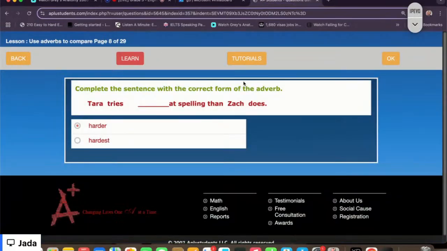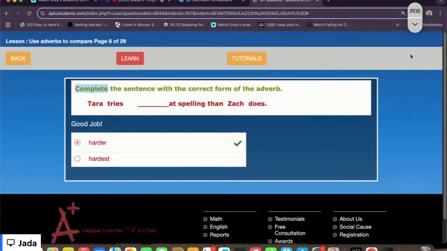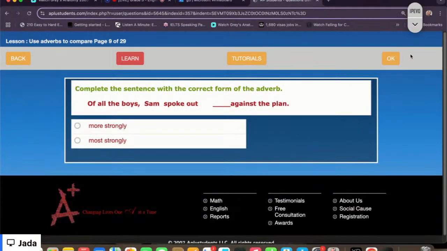Okay. Of all the boys, Sam spoke out dash against the plan. More strongly or most strongly? Which of them?